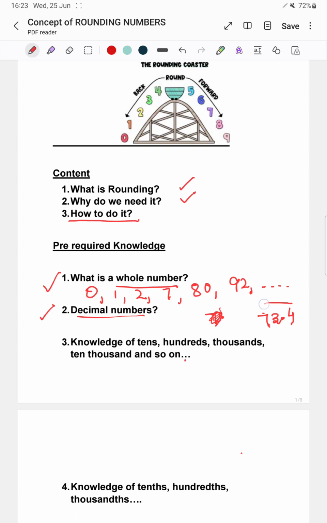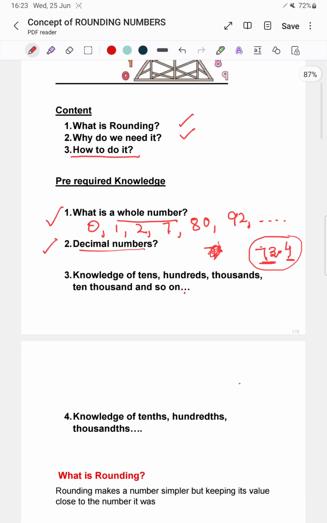Here this number has two parts. One part is 73, that is the whole part of this number 73.4, and the other part of this number is 4, which is a decimal part. Okay, so we need to understand what is a whole number and what is a decimal number.